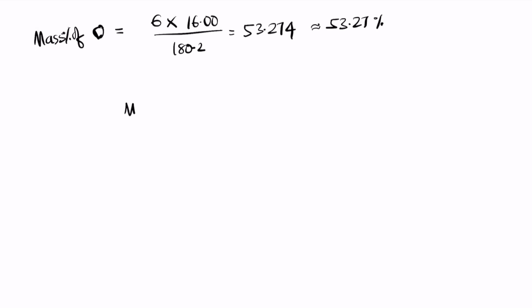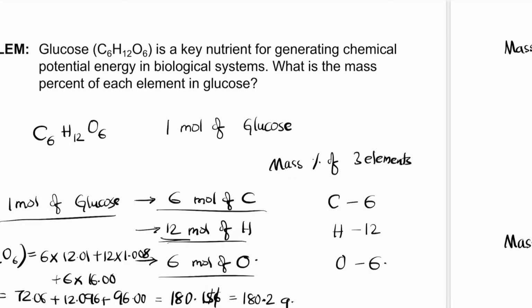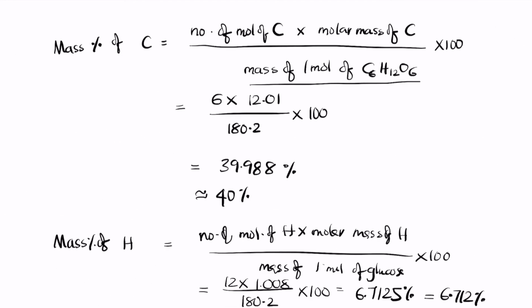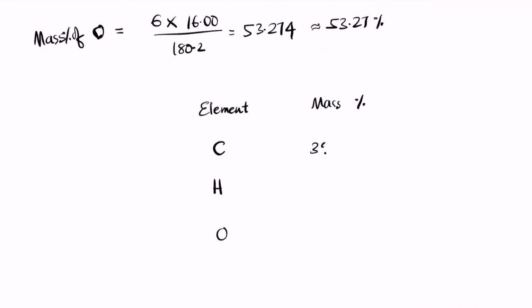So in total, here is the mass percent of each of these elements. Let me write it as a small table, with element and mass percent: carbon, hydrogen and oxygen. Carbon has 39.988%, hydrogen has 6.712%, and oxygen has 53.27%.